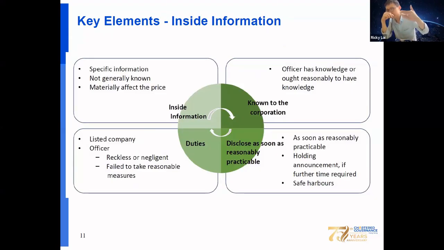Why is this the duty of the company to make the disclosure? Because according to the SFO, the duty of disclosure comes from the listed company, directors, and officers. So in case of recklessness, carelessness, mistake, or negligence, where the director and officer fail to take reasonable measures, that is a breach of the SFO.